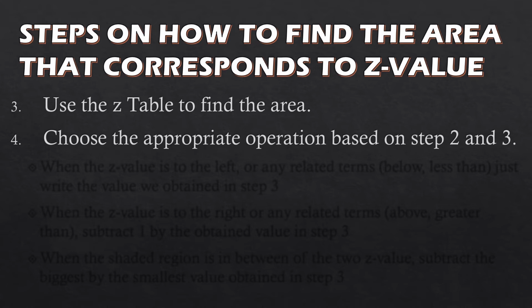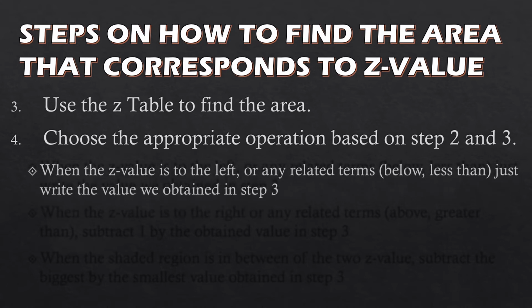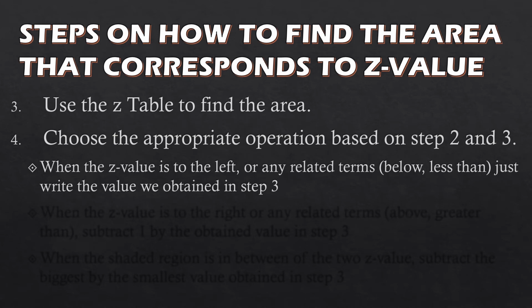So we have three conditions. First, when the z value is to the left, or any related terms such as below, less than the z value, just write the value we obtained in step 3, the value that we got from the table of areas under the curve.